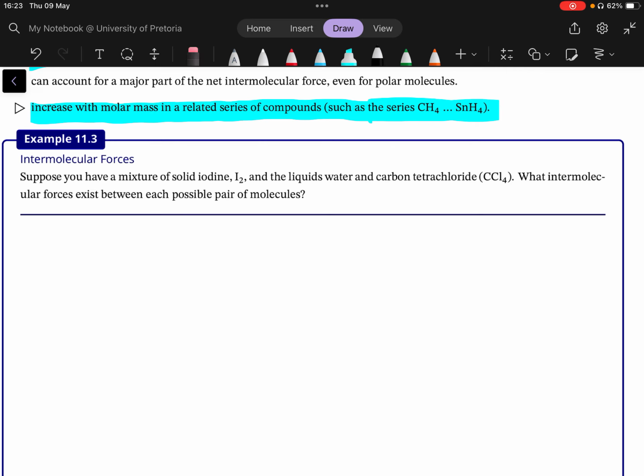Okay, so we're asked to look at, suppose we have a mixture of solid iodine and the liquids water and carbon tetrachloride. What intermolecular forces exist between each possible pair of molecules? So it basically means what happens if we place iodine in water and we place iodine in carbon tetrachloride.